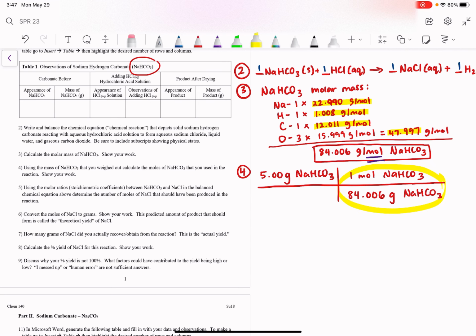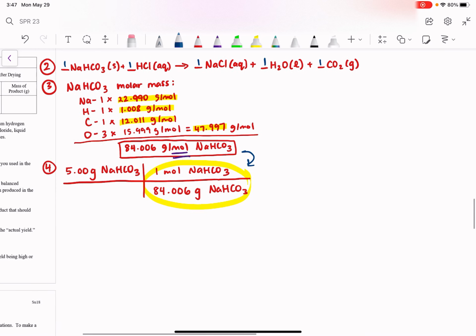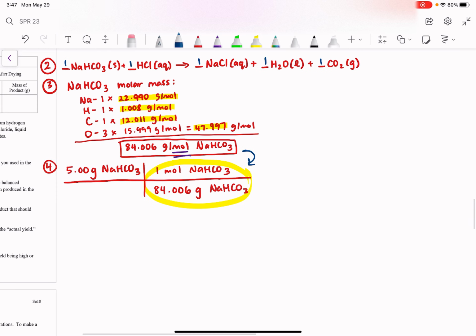I looked at my molar mass and used it as a conversion factor. I could have written it the way I have it here, or with 84.006 grams of my substance on top and 1 mole of NaHCO3 on the bottom. You could write it either way.